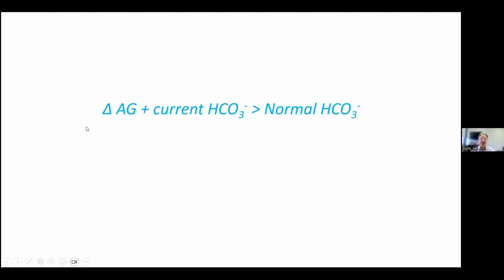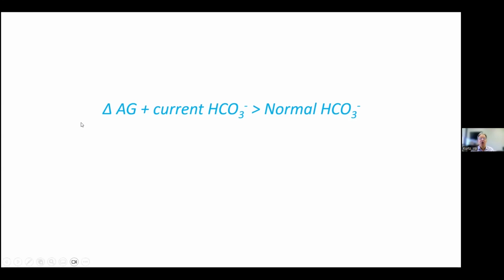But the thought is that the change in the anion gap represents the drop in bicarbonate from its original level. In other words, that the anion coming into the system came in with the exact same amount of protons. So you're using the anion gap as a surrogate for the change in proton addition to the body. But there's lots of assumptions that the volume of distribution of the anions and the proton are the same, that they're excreted from the body at the same rate.